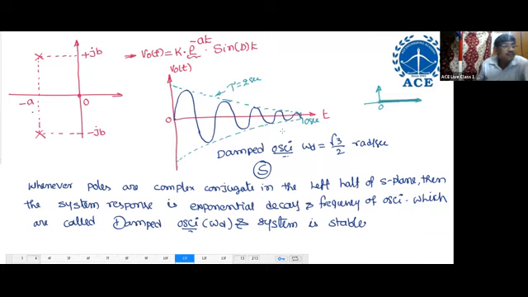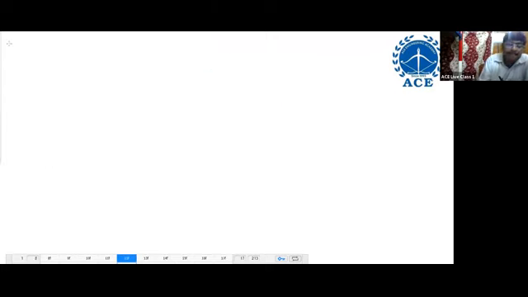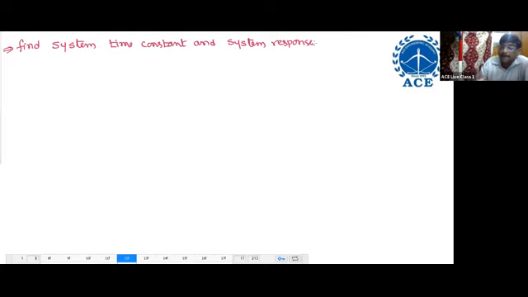Next problem. Find the system time constant and system response to the given pole locations.